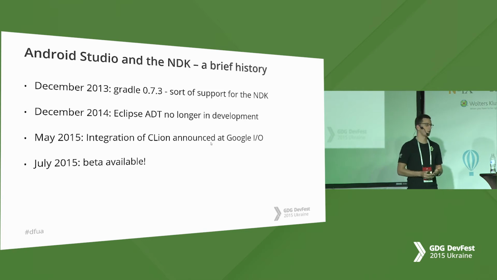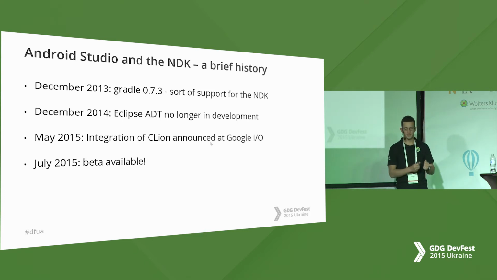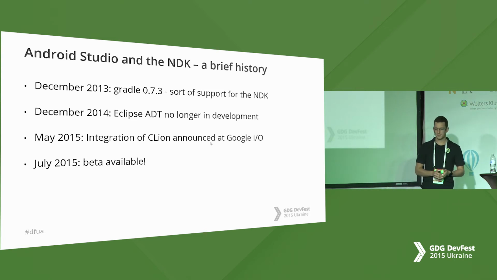Sometimes you have really nice libraries, such as OpenCV and others, or OpenSL, that are only available or work better in their C++ version. And sometimes you just have to, because you need to use code which is C and C++. And when you're not familiar with the NDK, sometimes it can be really painful to integrate into a project.